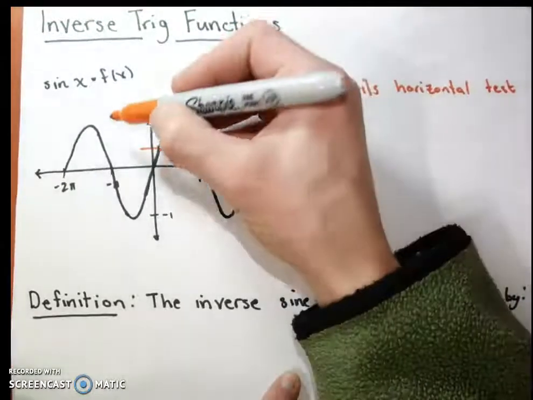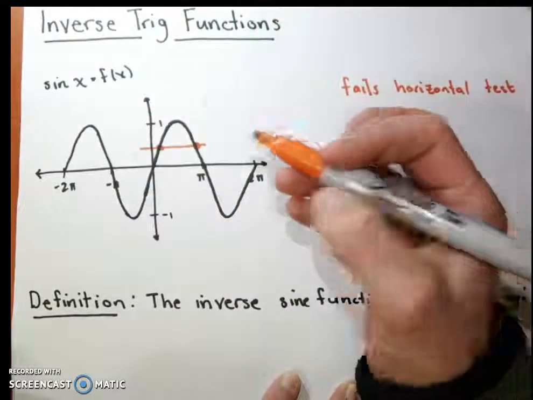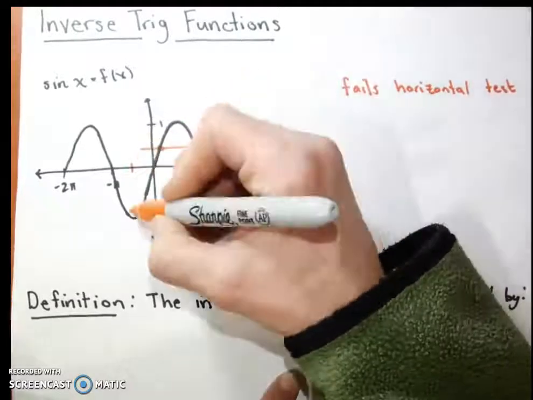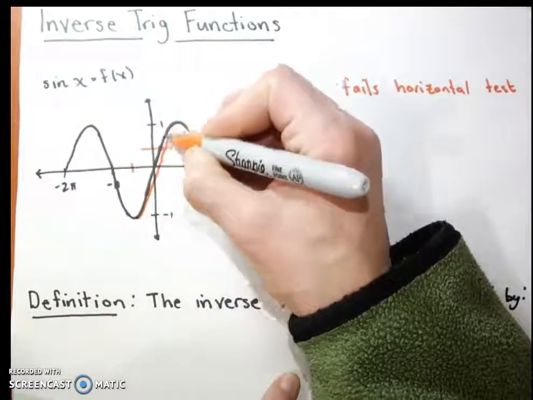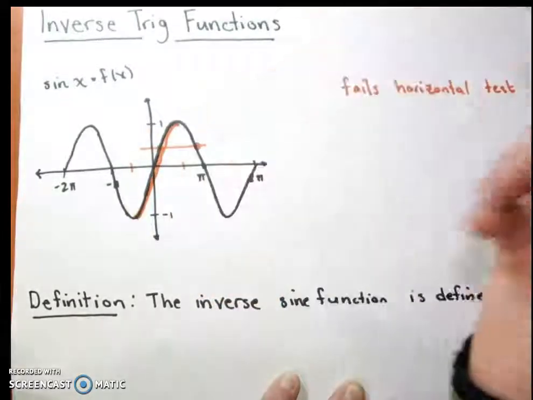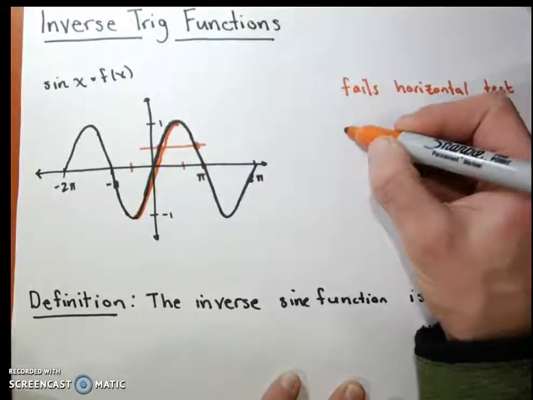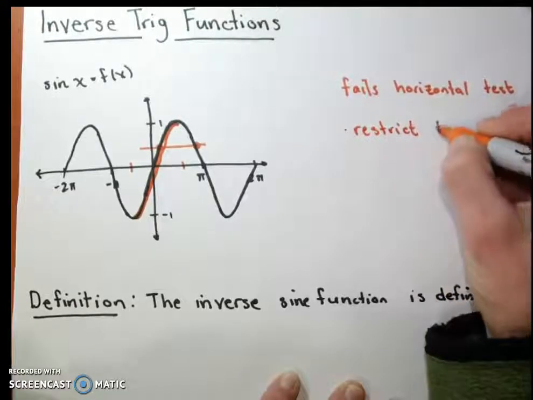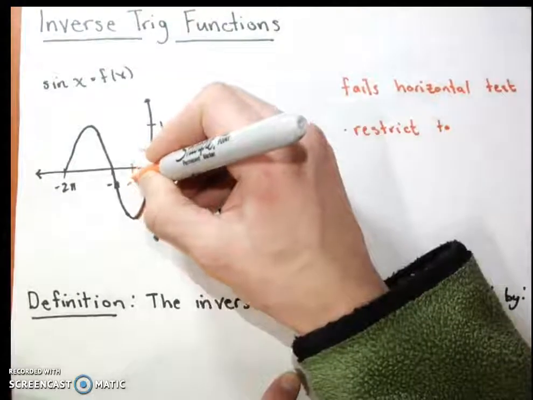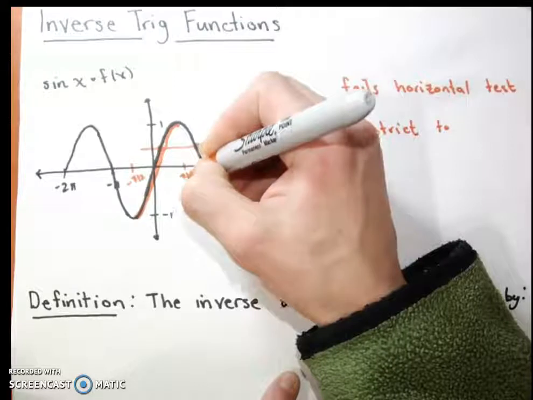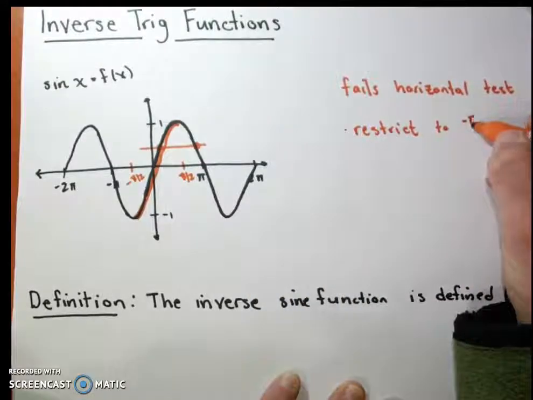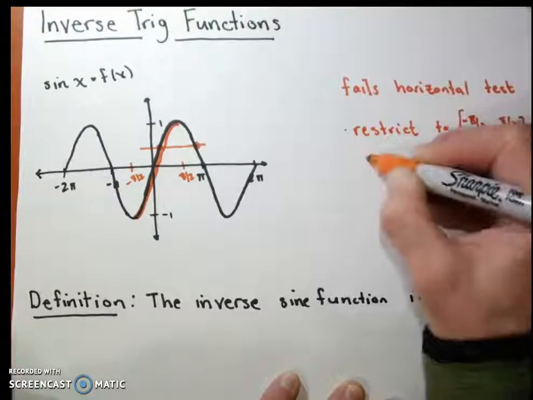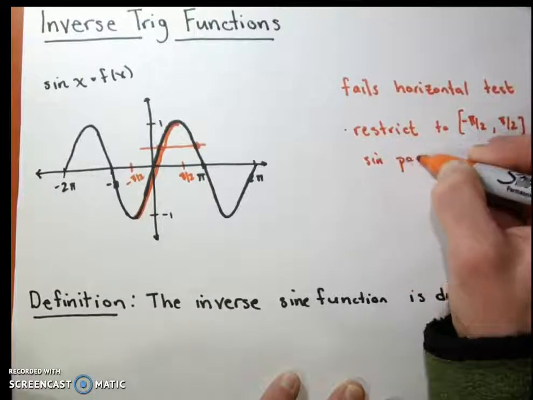But we could restrict the domain, meaning if we just look at a smaller set of values, maybe this section of the curve, then it does pass the horizontal line test. So if we restrict to between minus pi over 2 and pi over 2, sine passes the horizontal line test.